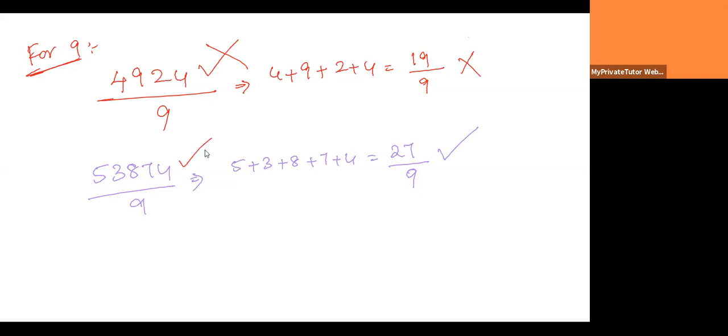So it is more or less similar to the divisibility rule for 3. We're just going to add the digits. If we are able to divide that result by 9, then the original number is divisible by 9. That's it. So let's go to the divisibility rule for 10. What is the divisibility rule for 10? I hope everyone knows this, because the last digit must be 0.